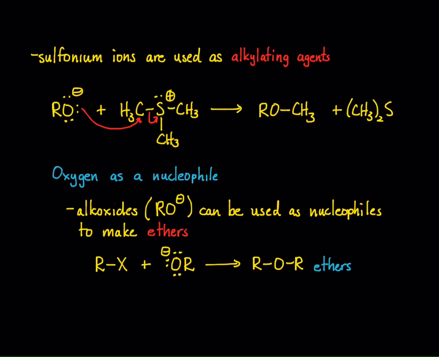And this type of setup, where you're taking an alkyl halide and reacting with an alkoxide, has a name. It's called the Williamson ether synthesis. It's so special that it actually has a name associated with it, and it's a pretty robust reaction, so it's often used to make ethers.